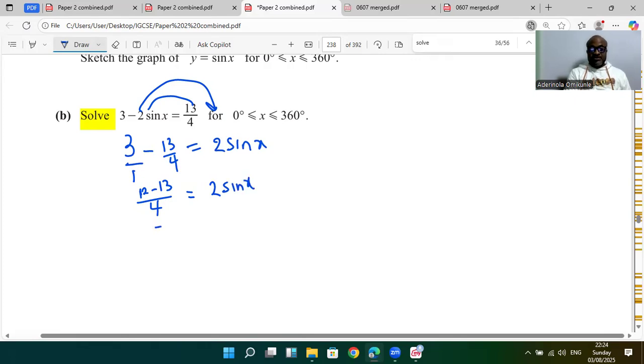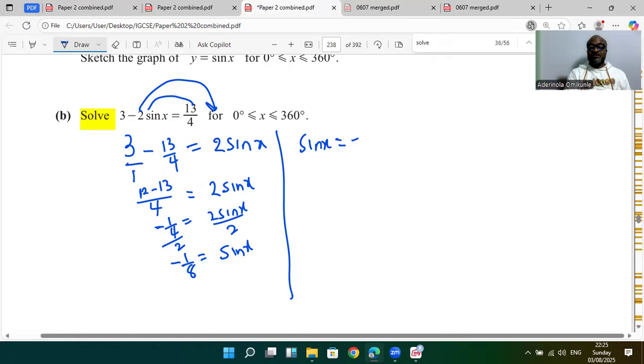This gives you negative 1 over 4 is equal to 2 sine x, right? So at this point, we divide both sides by 2. So that'll give me negative 1 over 8 is equal to sine x. So you can just basically say sine x is equal to negative 1 over 8.